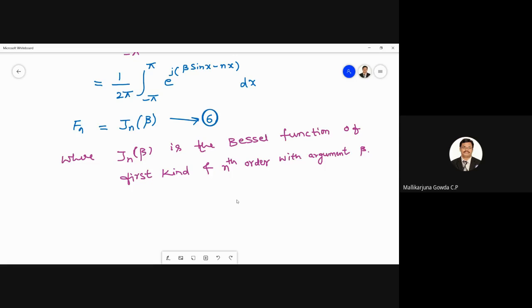Equation 4. So substitute the value of Fn as Jn of beta in equation 4.